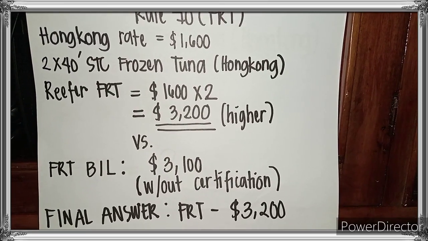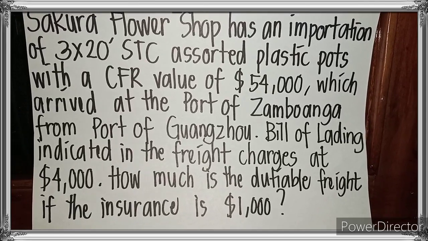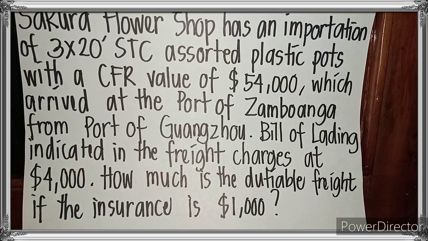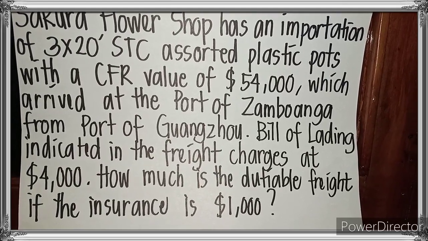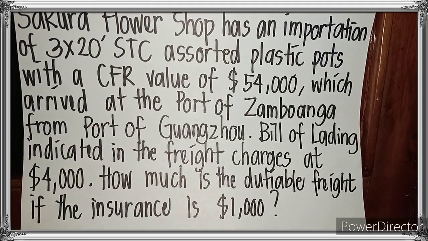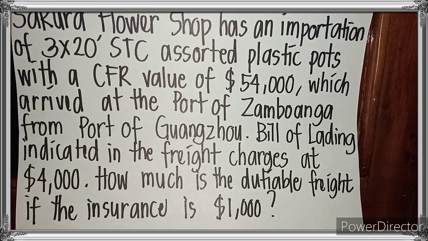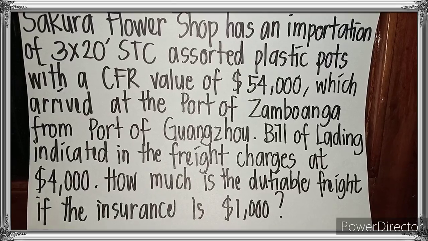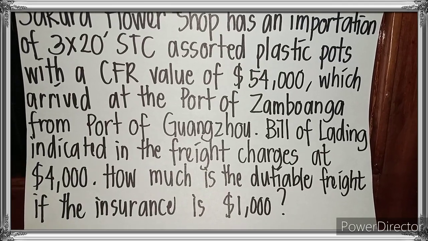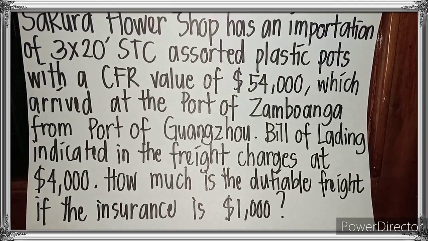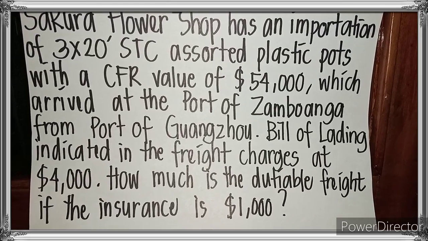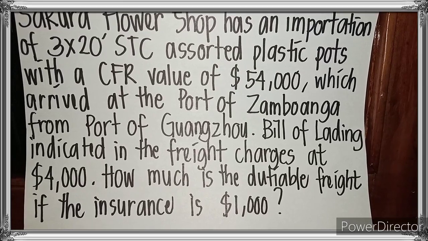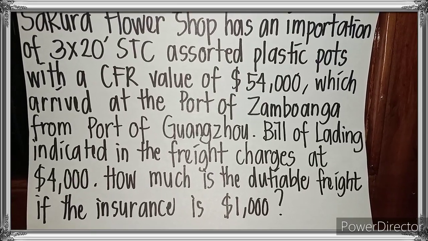The final answer is $3,200. Next problem: Sakura Flower Shop has an importation of 3x20 STC assorted plastic pots with a CFR value of $54,000, which arrived at the port of Zamboanga from the Port of Guangzhou. The bill of lading indicated freight charges of $4,000. How much is the usable freight if the insurance is $1,000?